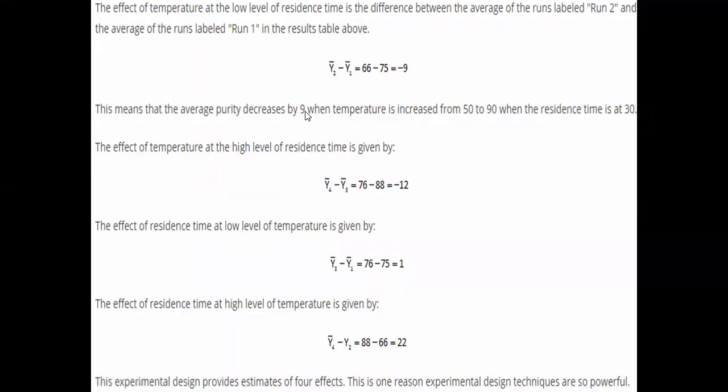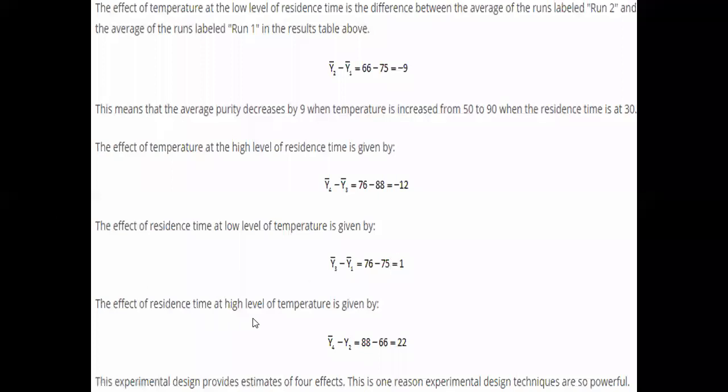That's what the value will indicate. Second condition, the effect of temperature at high level of residence time is given by y4 minus y3, 76 minus 88, so minus 12. Again, the effect of residence time at low level of temperature is given by y3 minus y1, 76 minus 75. The value came 1.